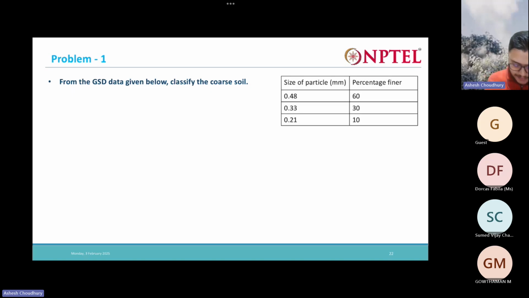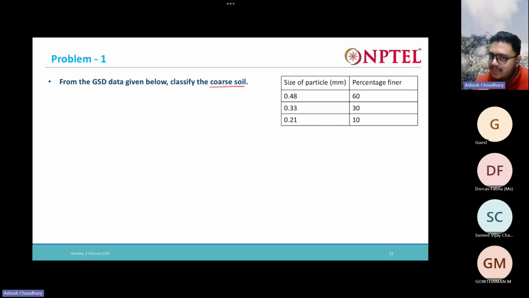First we know that the soil is coarse, so it is either going to be gravel or sand. Now, how to decide whether it is sand or gravel?